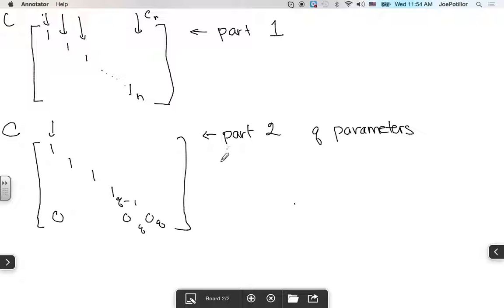So in this case, if m is the total number of variables, q is equal to m minus 1.